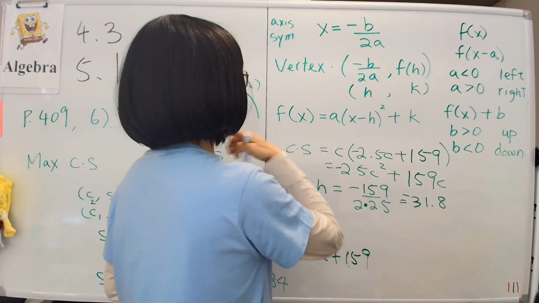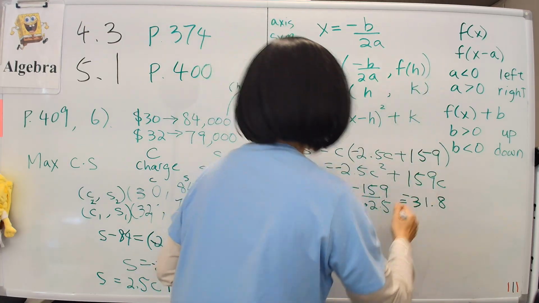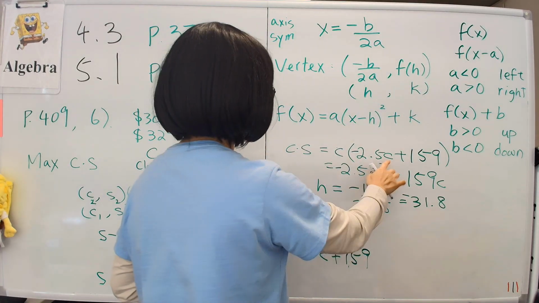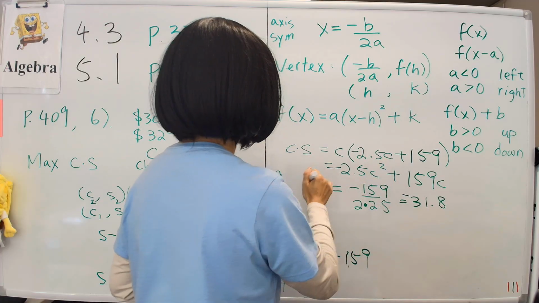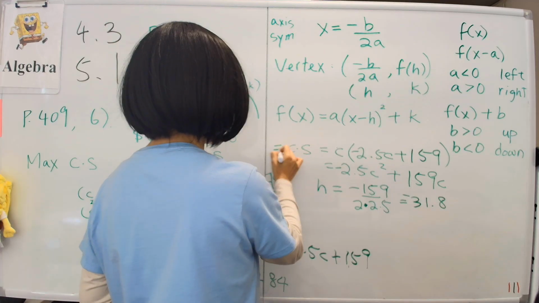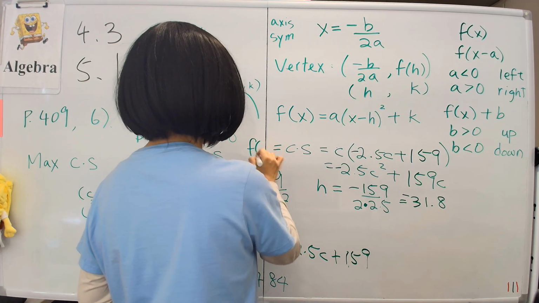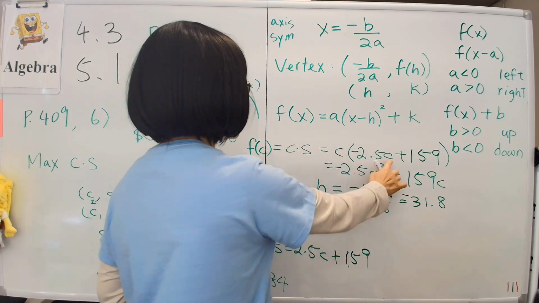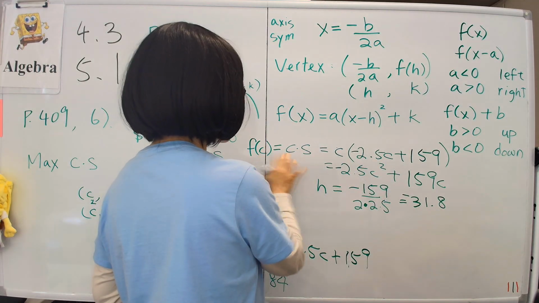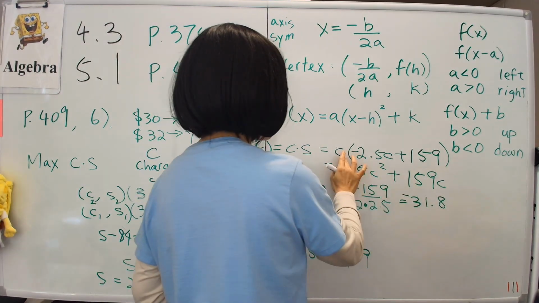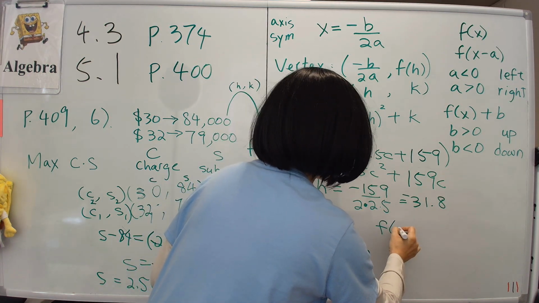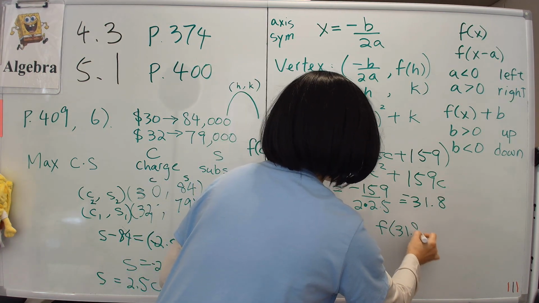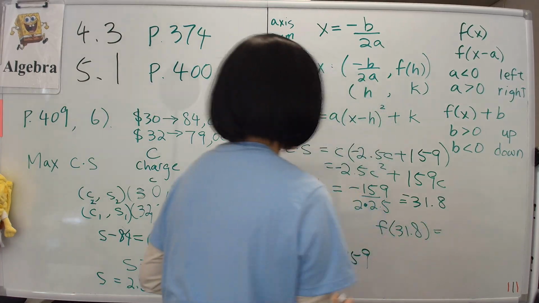Then K is f of H, or in other words, K is plugging H into this function. Let's call this the function of C, because I have the C value here. So f of C, plugging H as C, we get f of 31.8, that will give us the maximum value.